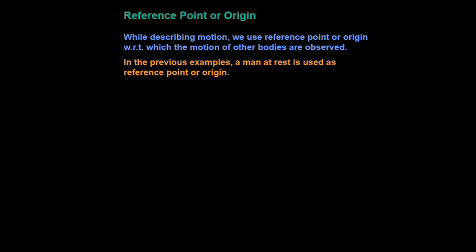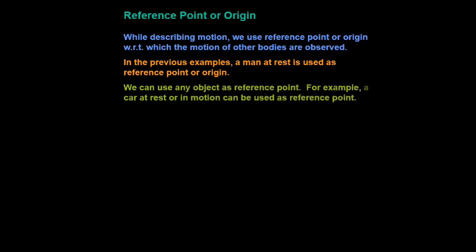For that, a reference point has to be taken into consideration at the origin. Usually the reference point is taken where the time starts, t equal to 0. Time starts means as if a stopwatch is being started. We can use any object as a reference point. For example, a car at rest or in motion can be used as a reference point.